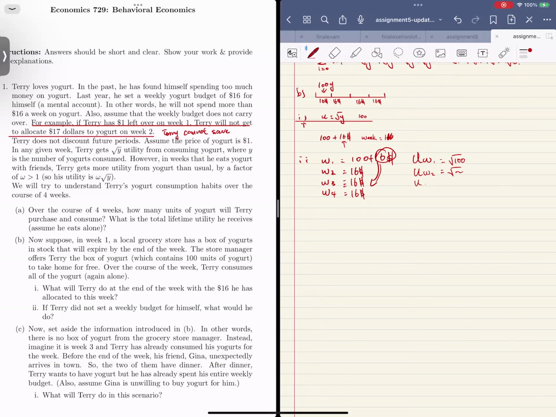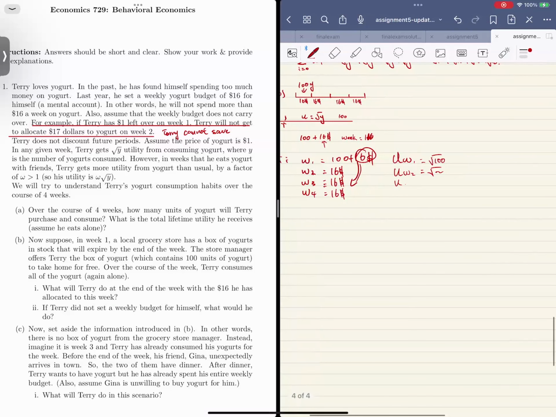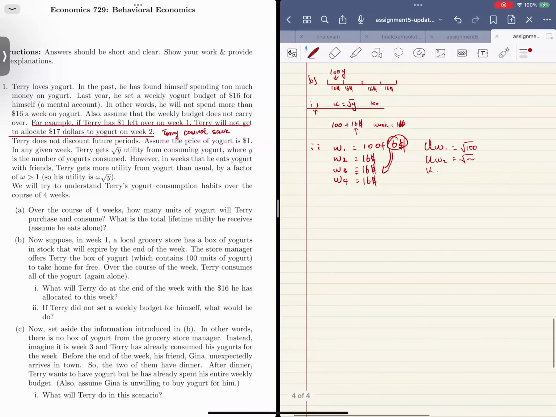It will be evenly distributed. And then you maximize the sum of all the weeks, which is 1 month of happiness together. That's E2. And he can only move the $16. You can't move this 100, right?